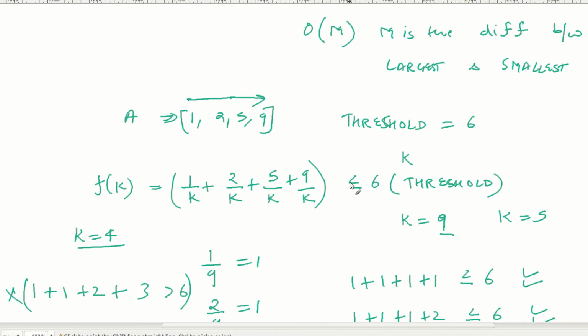As I gradually increase my k value, my f of k will start decreasing. So f of k will have a maximum value when k is equal to 1, and it will have the minimum value when k is equal to 9. So it's a decreasing function.